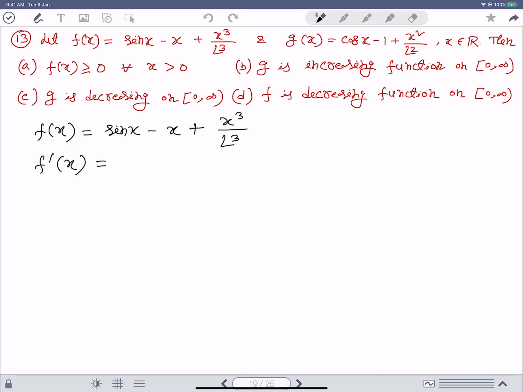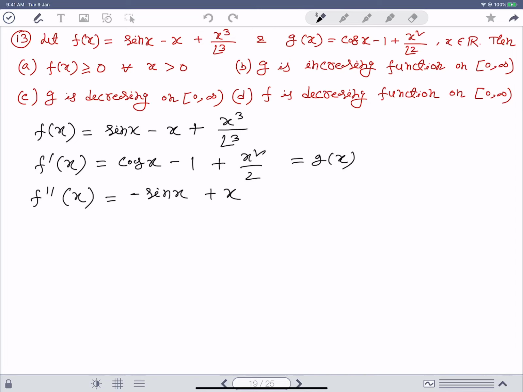Just derivative, it will be cos x minus 1 plus x square by 2, right, which is actually g(x). So this is a differentiable function, right. Now what is f double dash x? Again it is minus sin x plus x, right, and this is also g dash x.